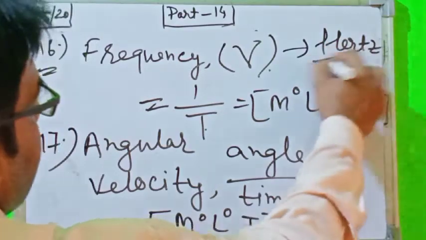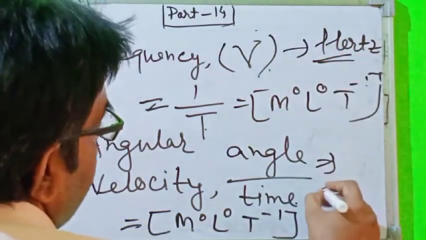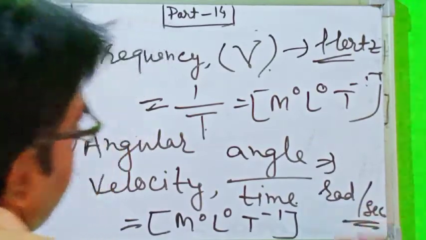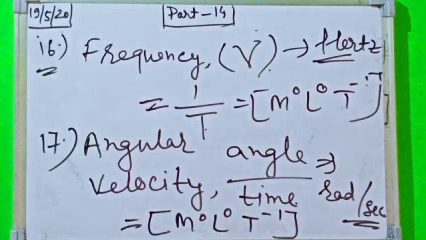Frequency has its unit hertz and angular velocity has radian per second.